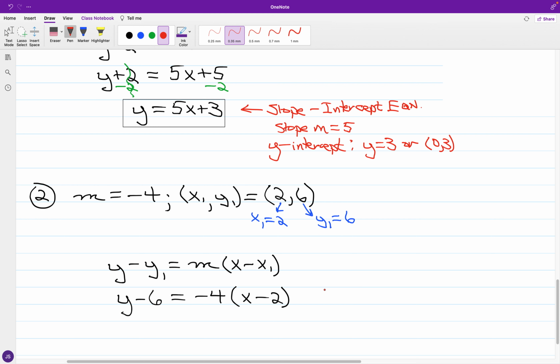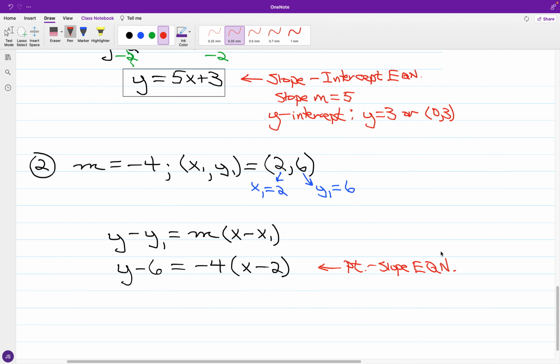We don't have any double negatives to undo, so we have this layout. So this is our point-slope equation, and now looking at setting things up to determine what we're going to have with the slope-intercept equation.